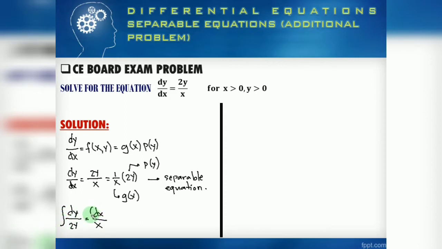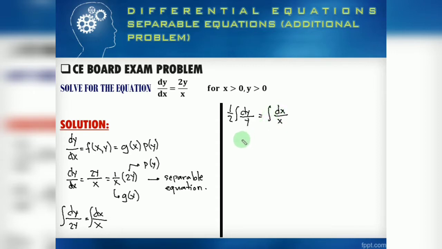We integrate, and then we extract the constant, which is 1/2, outside the integral sign. So we have 1/2 times the integral of dy over y equal to the integral of dx over x.